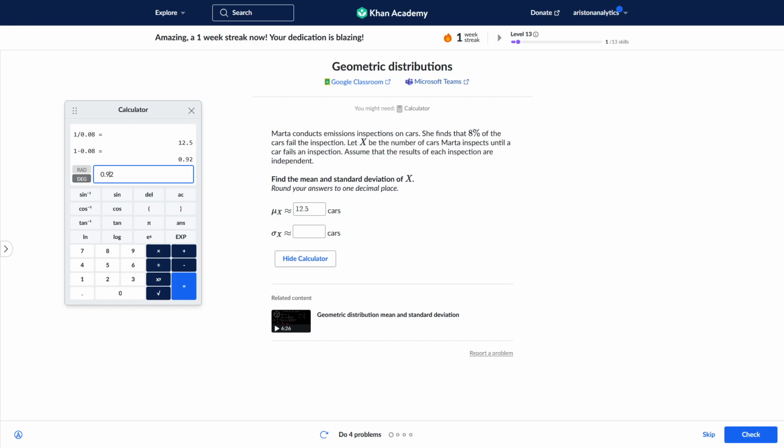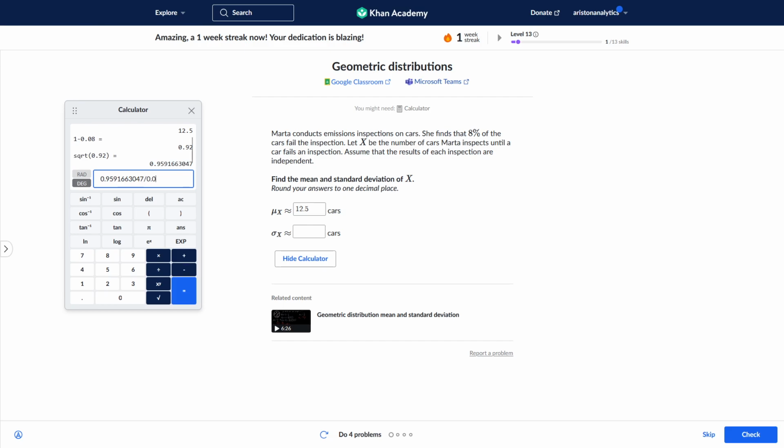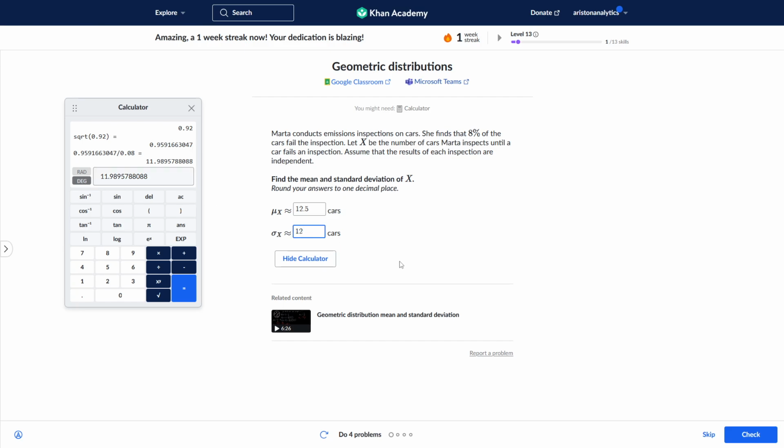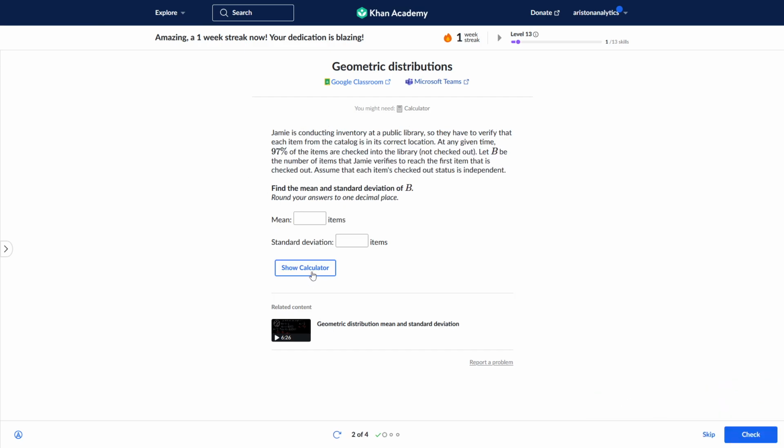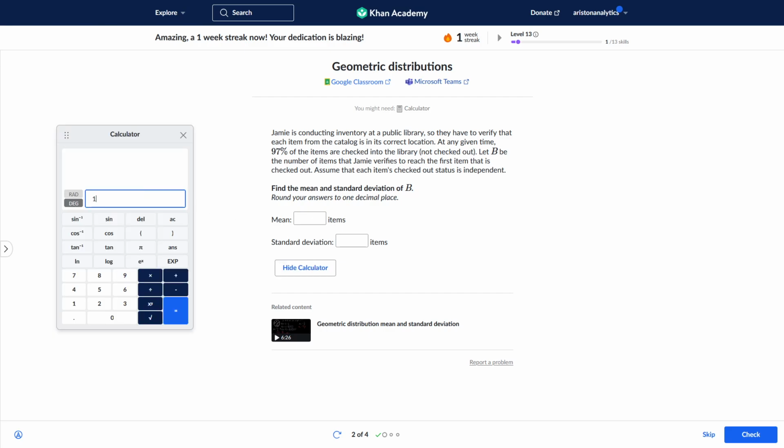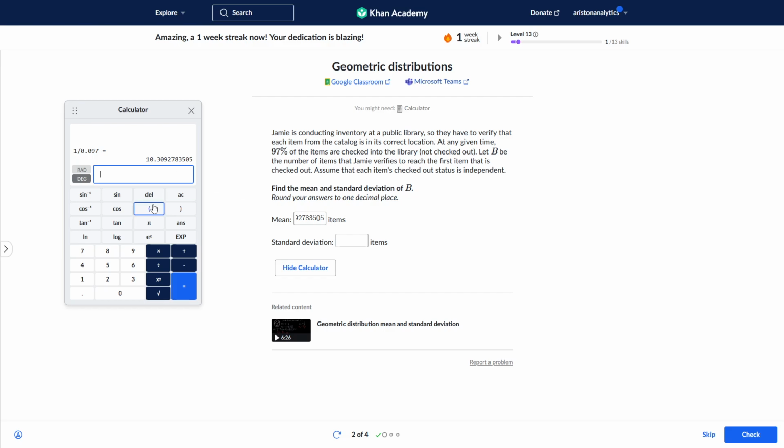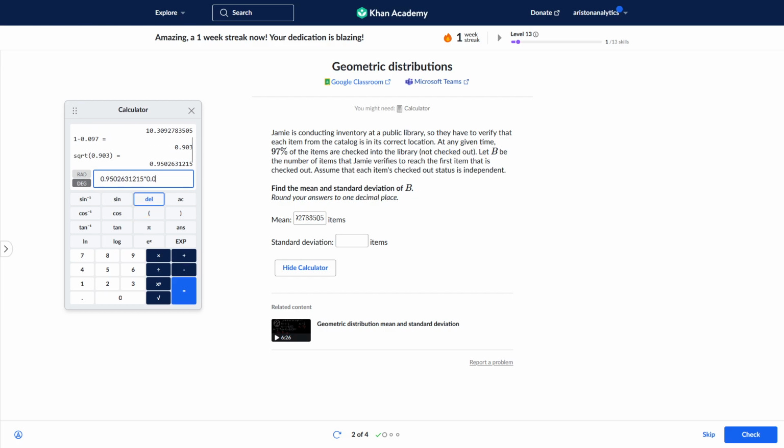One minus p, square root of that, divided by p, rounded up. What am I doing?